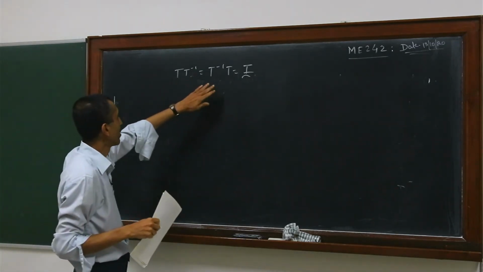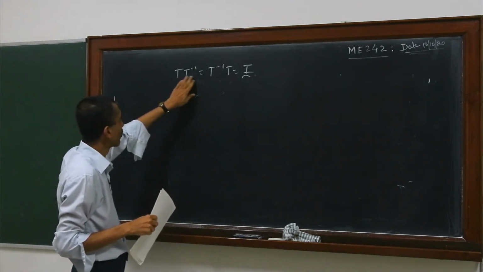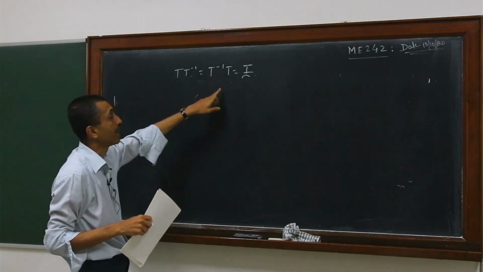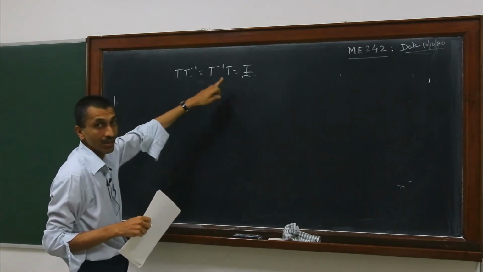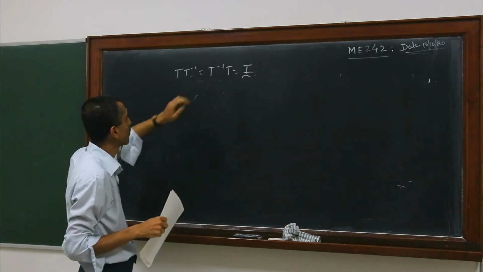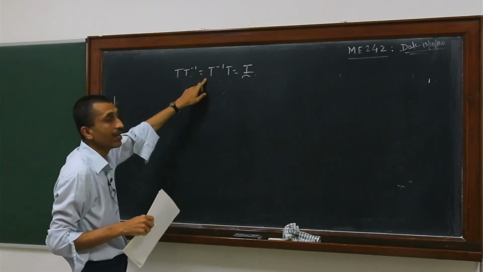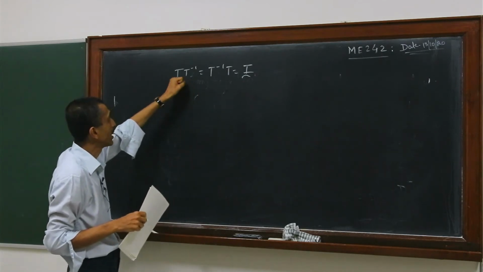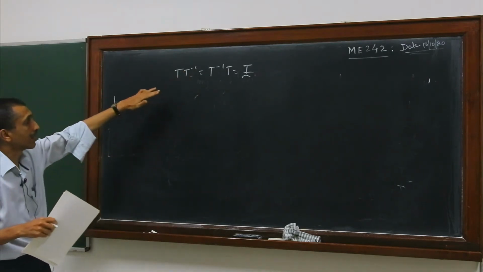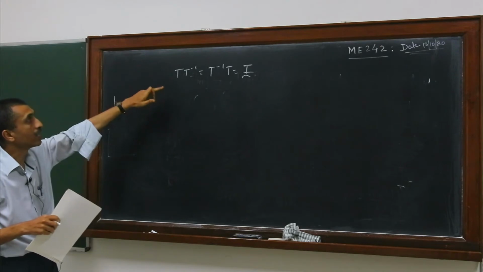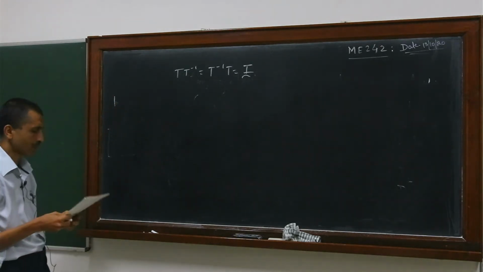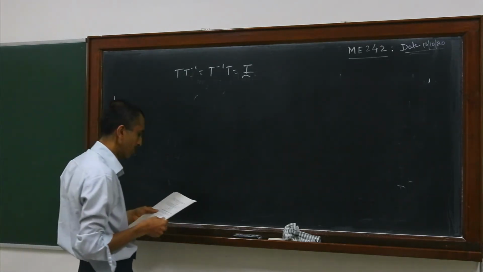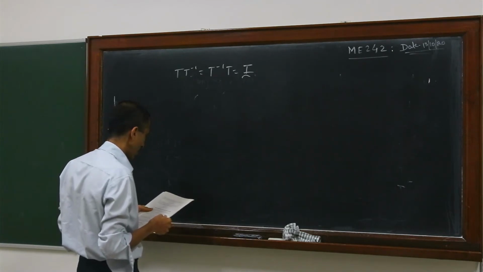Whether you multiply it from this side or from this side, you will get the same result. Otherwise, suppose if these two objects had been different, then we would need to define left inverse and a right inverse. But fortunately, that doesn't happen because T inverse turns out to be the same from both sides. Okay, so that's one nice result that follows from this cofactor relation that I have written.